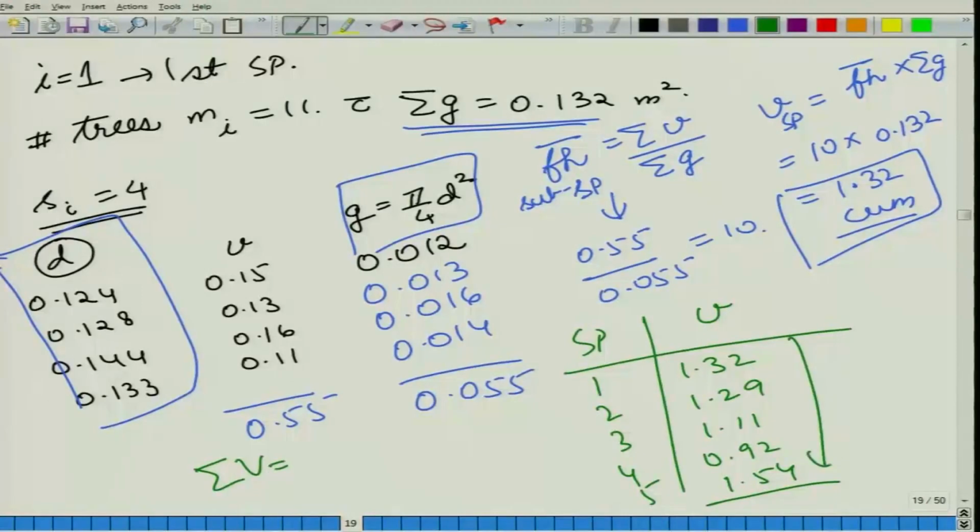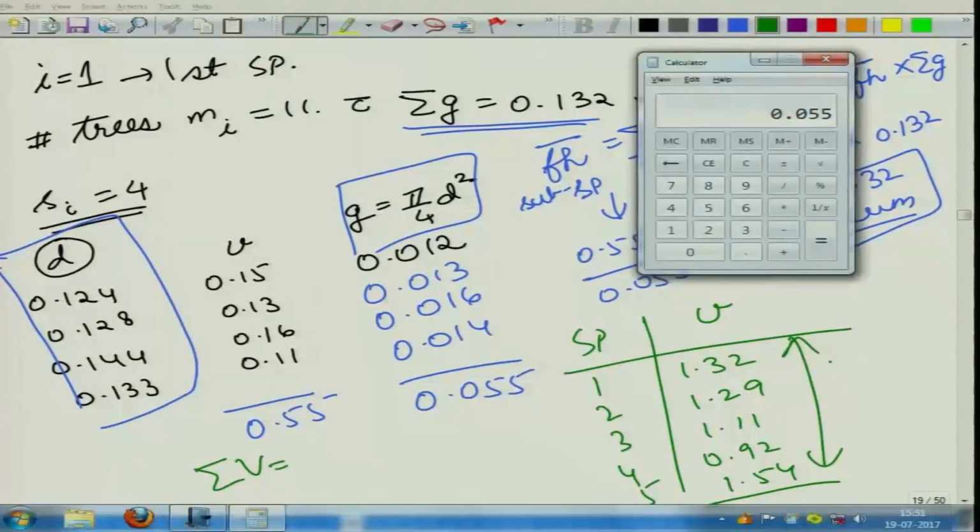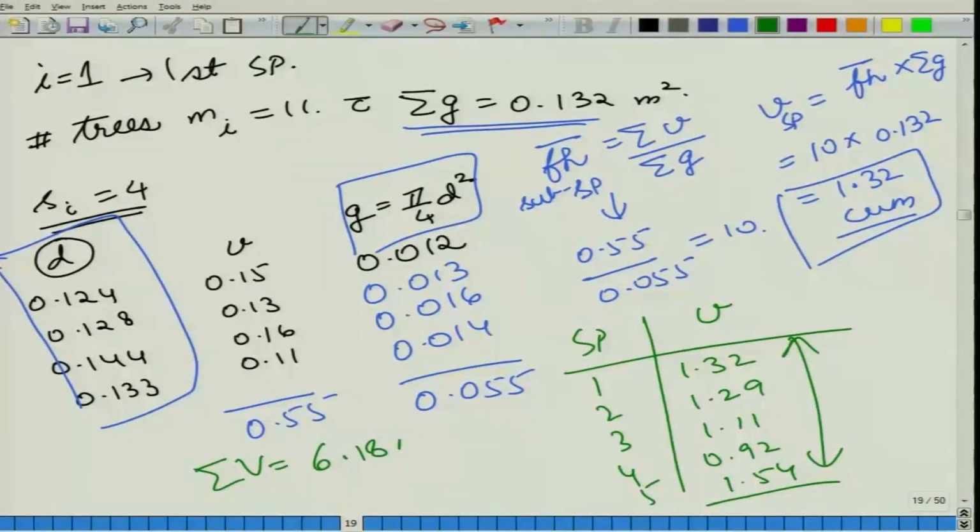That will be the sum of these values, which is 1.32 plus 1.29 plus 1.11 plus 0.92 plus 1.54, that is 6.18. So, it is 6.18 cubic meters in 5 sample plots of 0.001 hectare each.